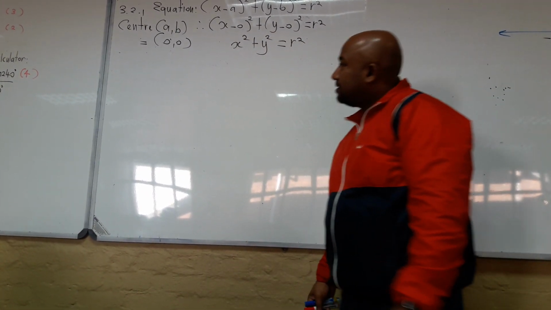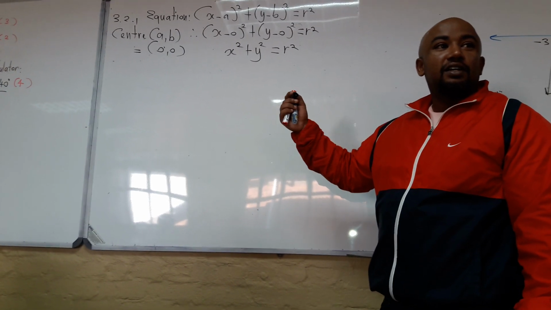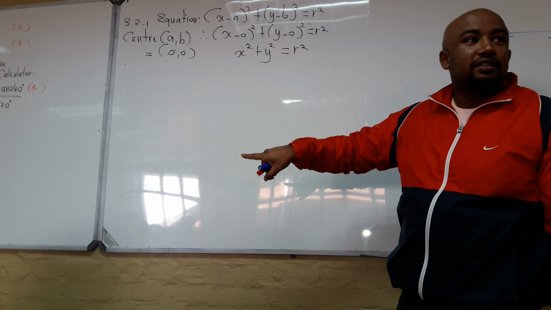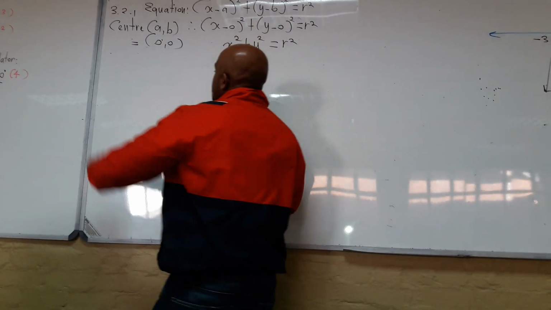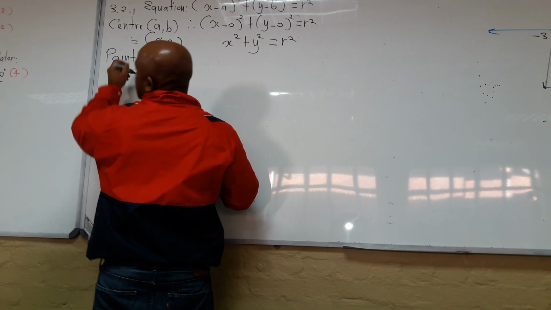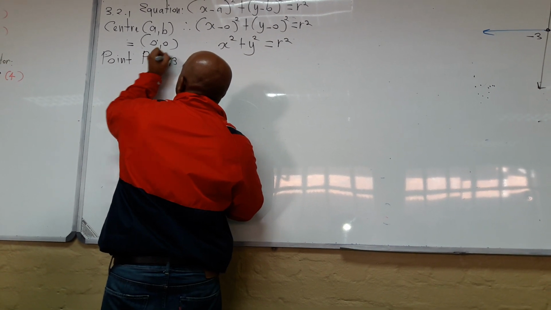Now, what do we need in order to find the equation of the circle? We need a point that lies anywhere on the circle. Do we have a point? Yes, we do. This point is called P, which is (4, 3).